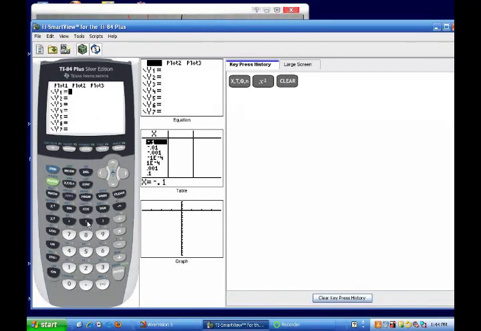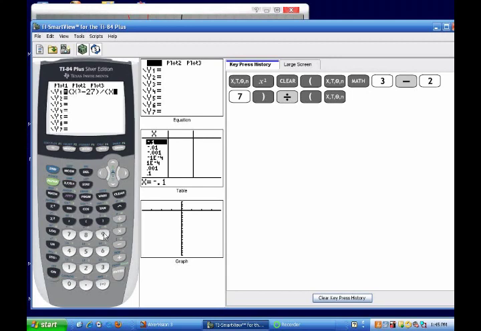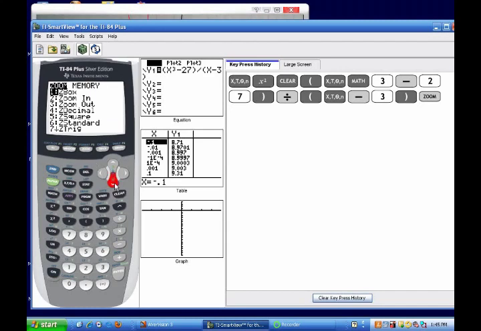Parentheses, x cubed minus 27, divided by x minus 3. Okay, and I'm going to do a zoom, standard on this graph.